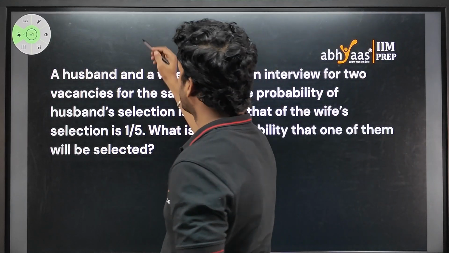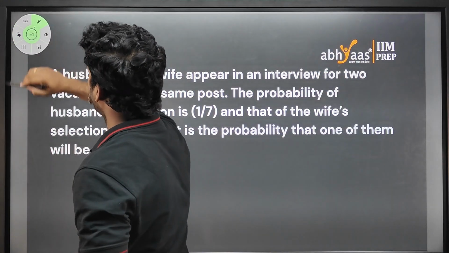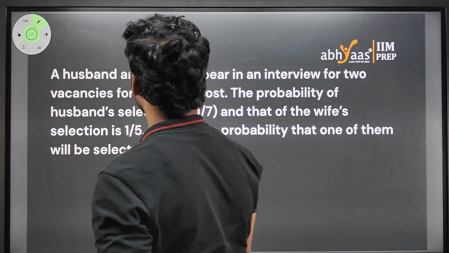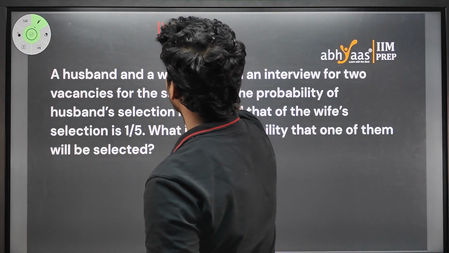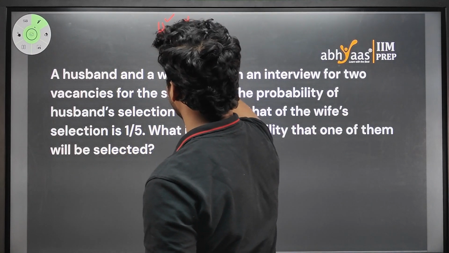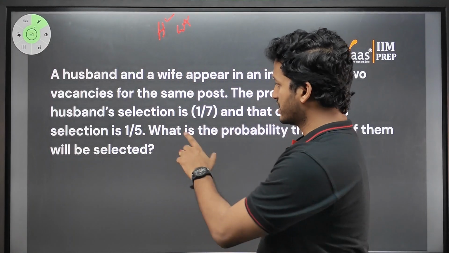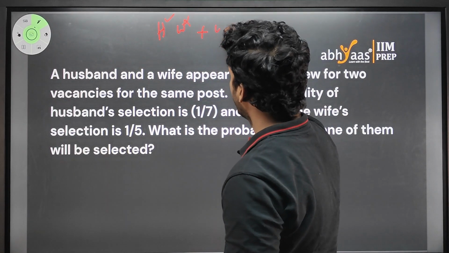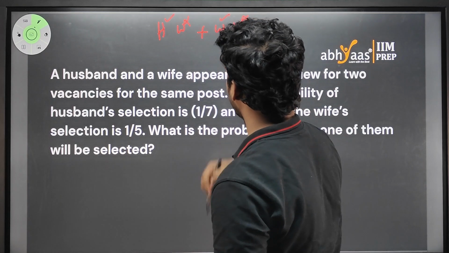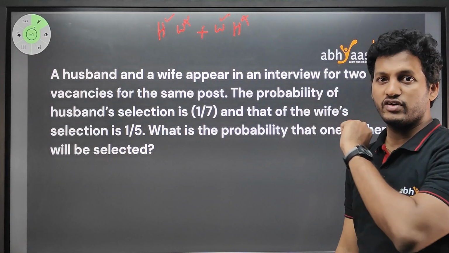Let's draw the plan here. If the husband gets selected, the wife should not get selected. But it is not only male oriented, it is also female oriented. Either the wife gets selected and the husband does not, or the husband gets selected and the wife does not. This is the only thing we require.